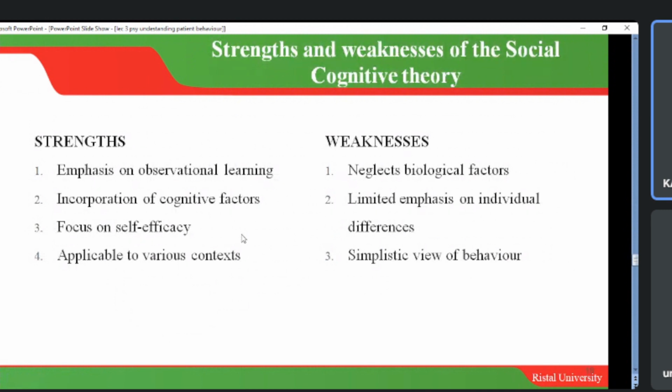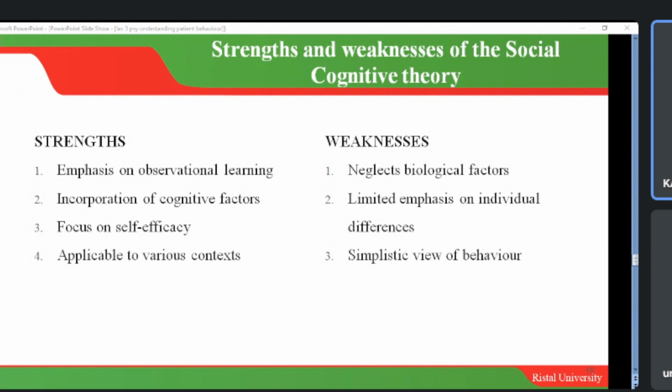So the strengths and weaknesses of this theory. Strengths are that it emphasizes observational learning. It emphasizes that individuals look at others and learn from them. And also it has an incorporation of cognitive factors. Yes, cognitive, we said that this includes personality and other related psychological factors. Then it has a focus on self-efficacy.